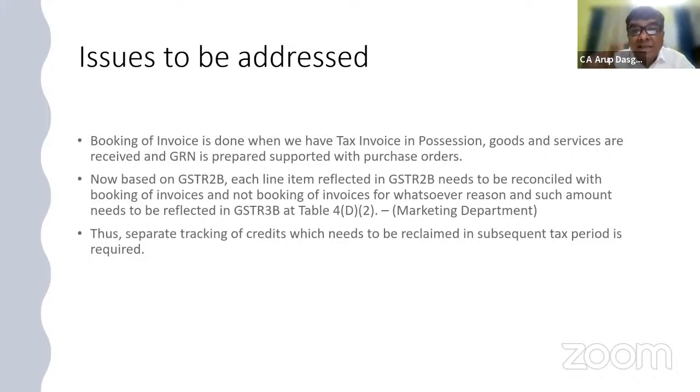But whatever is not matching, whatever is extra in my portal, in 2B, and is not there in my books, for all those entries I need to check whether it is goods in transit, whether it is for some service that I have received, or whether it is for some error that has happened. Because even by mistake, sometimes ITC comes to my account.